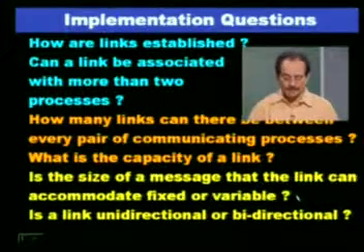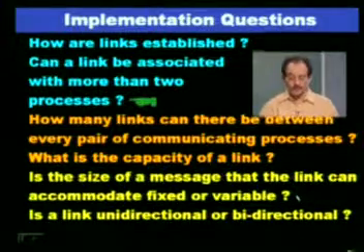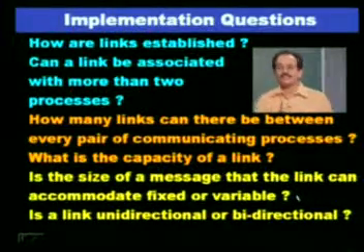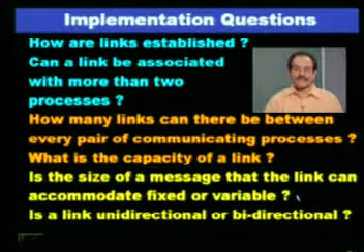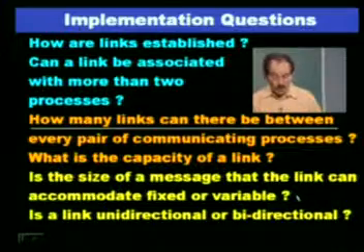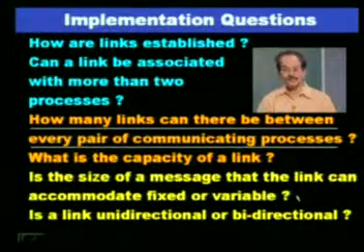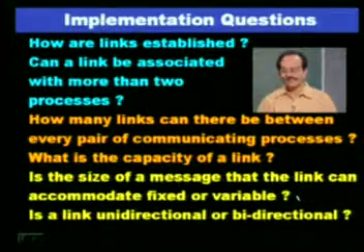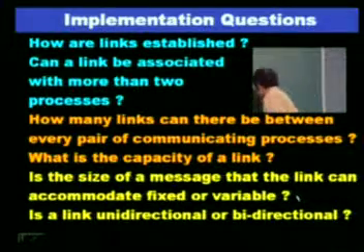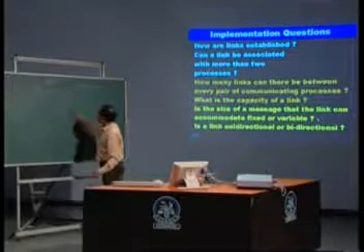Another question is, can a link be associated with more than two processes? Let us say there are three processes P1, P2, P3. Can I think of a link between all three processes, or how many links can there be between each pair of communicating processes? Let us say these are two processes which are communicating.